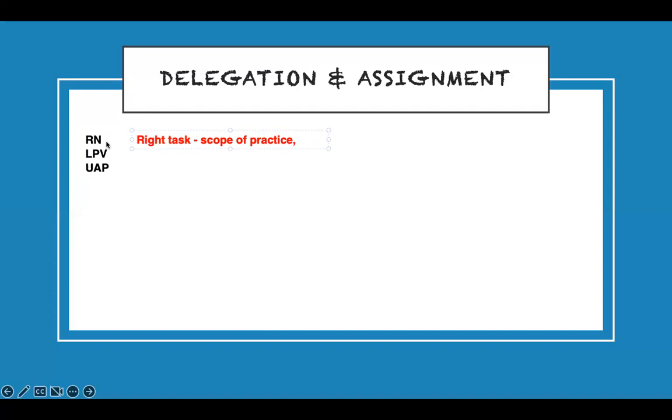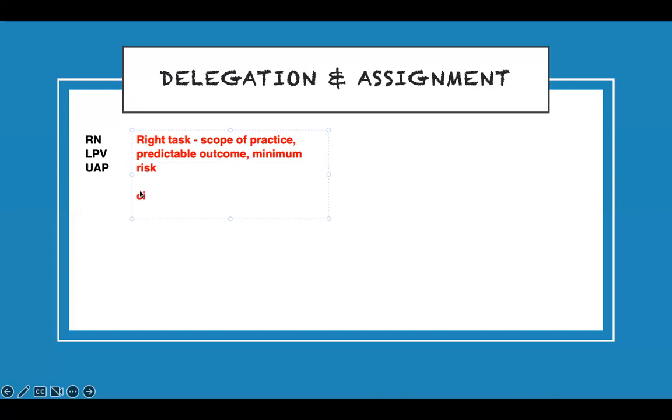The thing you're assigning should have a predictable outcome, and the risks associated with it should be minimal. So make sure whoever you're giving it to has the scope of practice, the outcome can be predicted, and the risk is minimal. That's the way to assign the task.